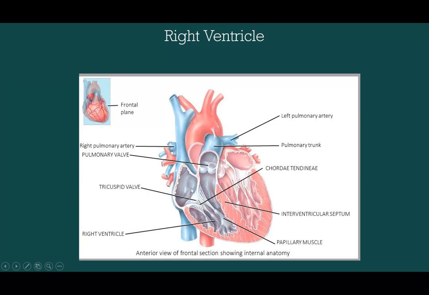Okay, it moves through the right side of the heart, goes up through the pulmonary valve, and then it's going into these pulmonary arteries via the pulmonary trunk. But why is the structure still blue? Well, it didn't pick up any oxygen. All it did was travel through the right side of the heart. It was deoxygenated when it came in, it's still going to be deoxygenated when it's leaving.